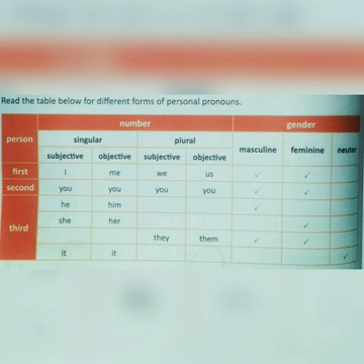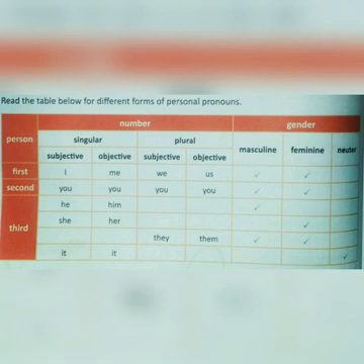Now you know about the first person, second person and third person. First person is I, second person is you, and third person is when we are talking about he, she, they or it. Now in this table you can see the personal pronouns. For singular first person, in subjective we use I, and in objective we'll say me, and in plural sense subjective we'll say we, and for objective we'll say us.